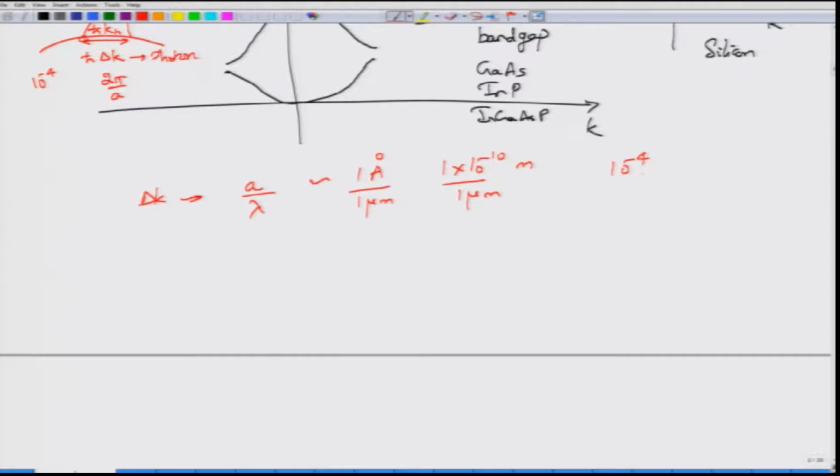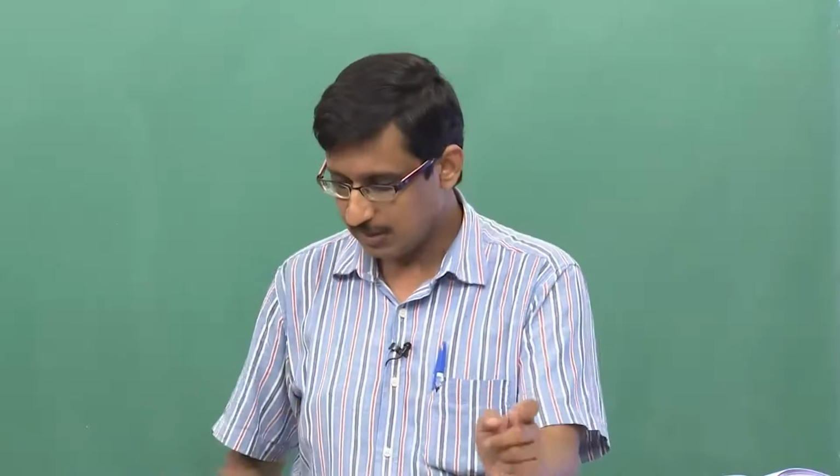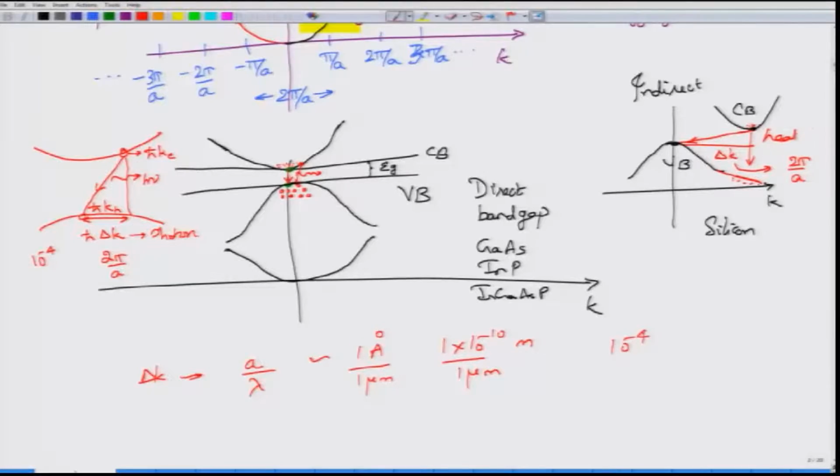On the other hand, for an indirect band gap material, this change is very large, because delta k should be 2 pi by a times something, and that would be pretty large, because it is the transition from one band edge to the other band edge. The result is that most of these transitions end up as heat rather than giving rise to a radiative transition.